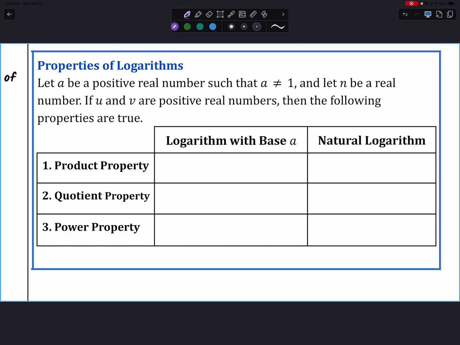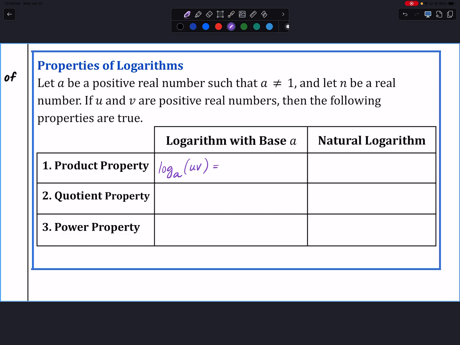Okay. What does product mean? To a multiplication problem, product means multiply. So log base A of u times v is equal to, multiplication means addition in log language.